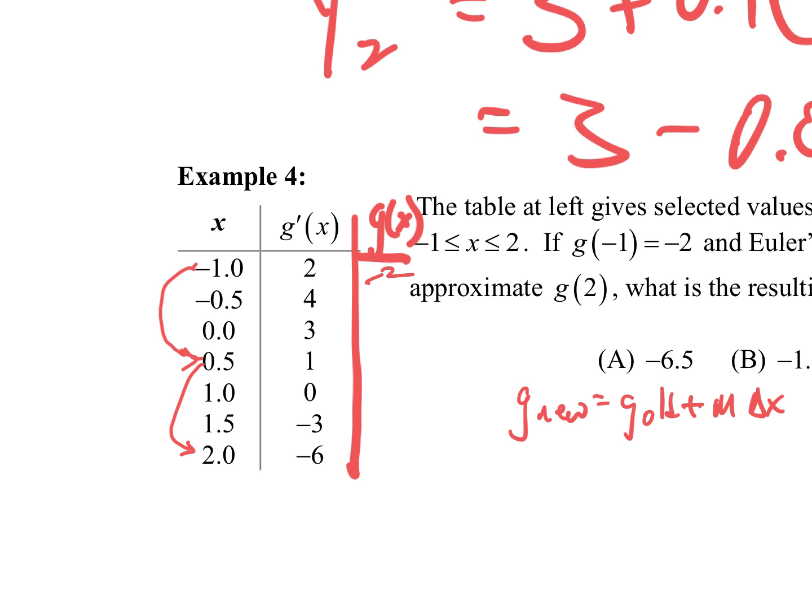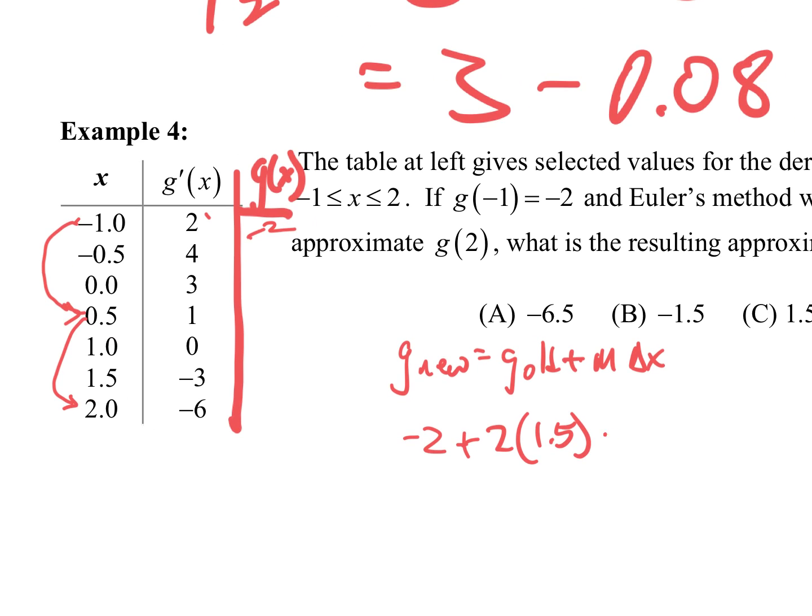So let's try that out. We've got -2 plus the slope, which is 2, times delta x, which is 1.5. And that's going to be -2 plus 3, that's 1. So when we jump to here, we get 1.